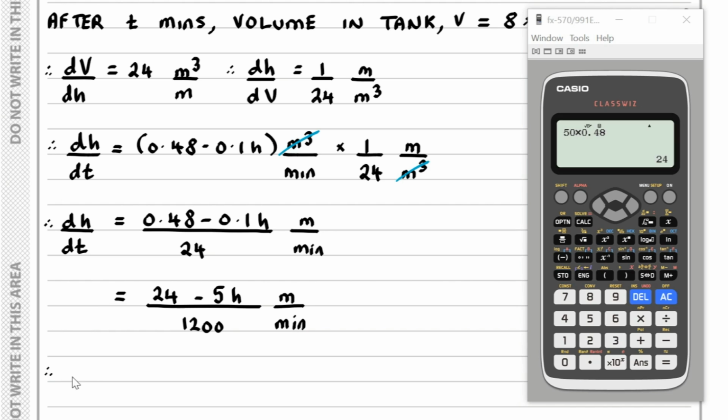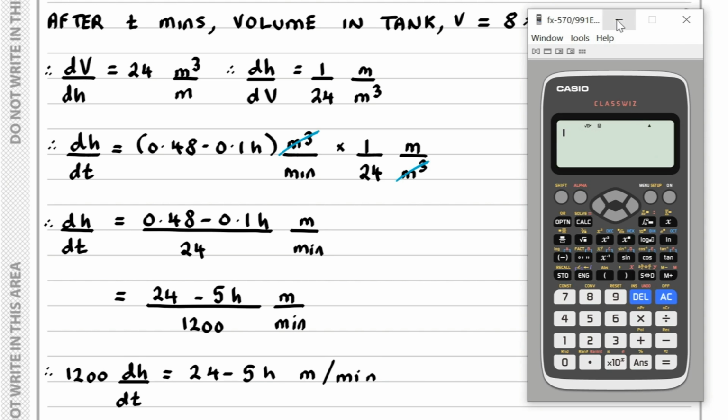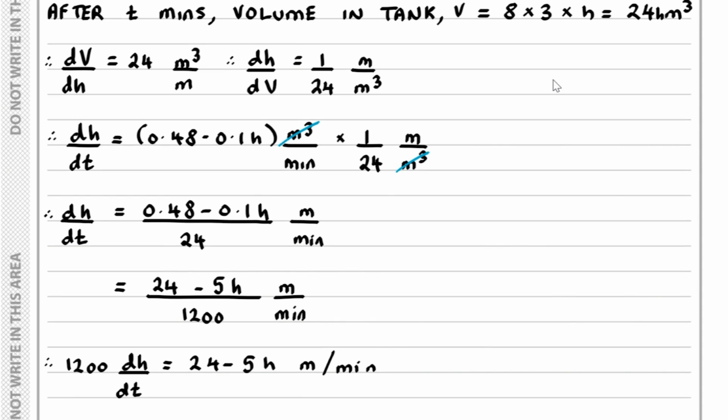And so we have 1200 dh over dt equals 24 minus 5h meters per minute. And that's exactly what we wanted to show.